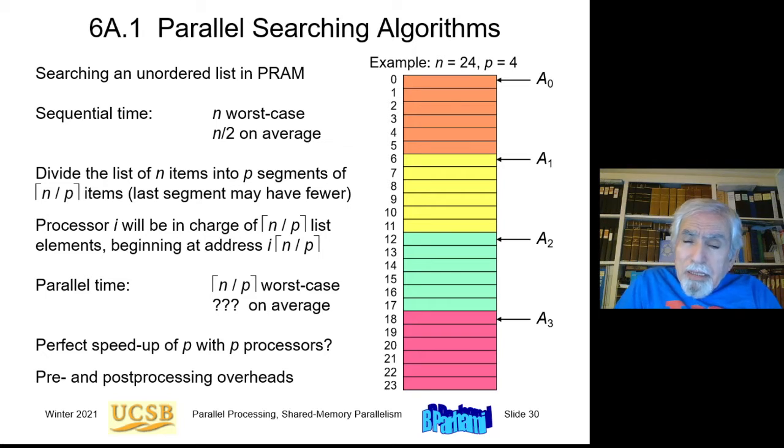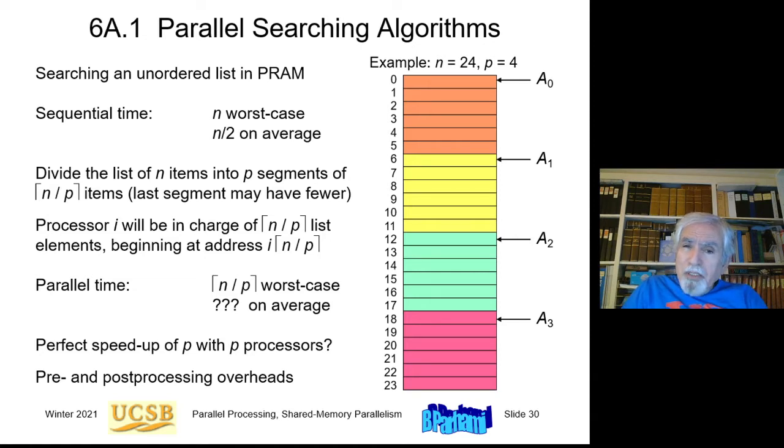Now, parallelizing this algorithm is very simple. In this diagram, I've shown that we have 4 processors. We basically divide the list into 4 equal segments, or almost equal segments if the length is not divisible by 4, and then have each processor search one of these segments.